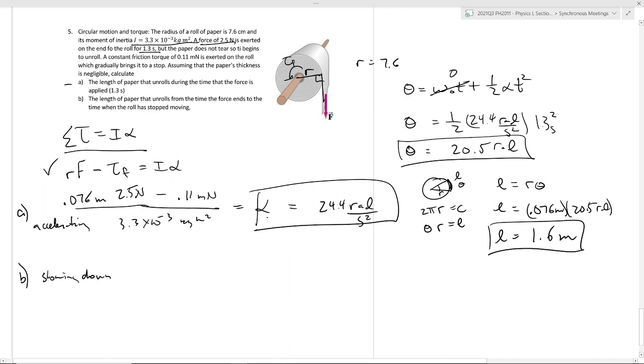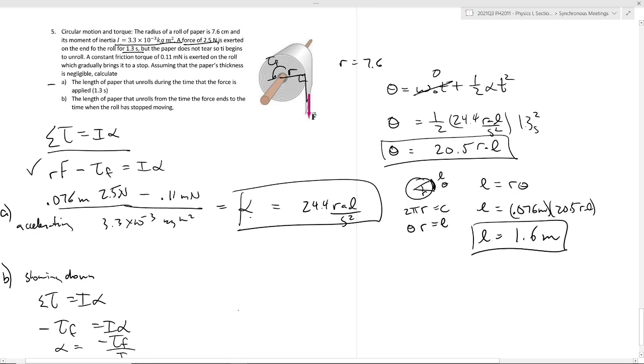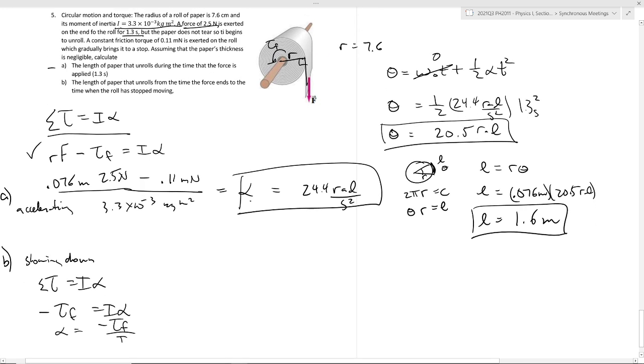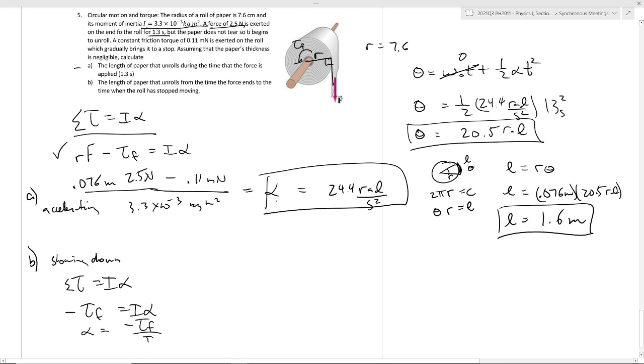So when we look at when it slows down, same starting point, the sum of the torque is going to equal I alpha. But now the torque that we have is just the friction. And so if we solve this for alpha, it's just going to be the torque over I. Give ourselves a little more space here.